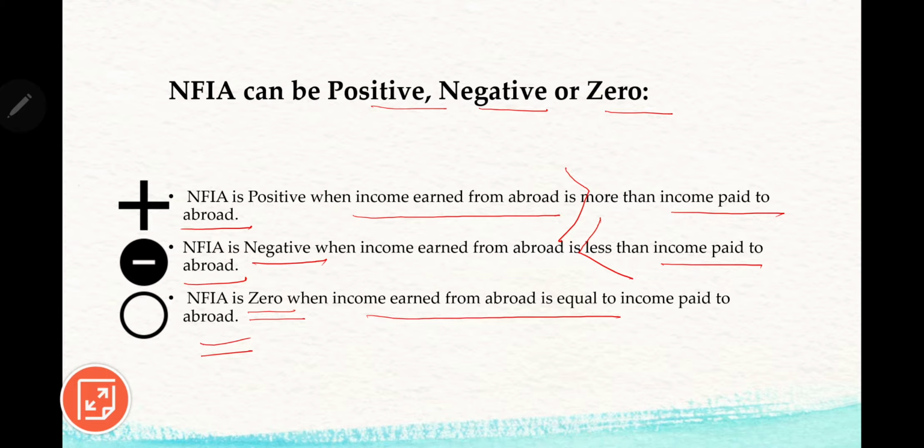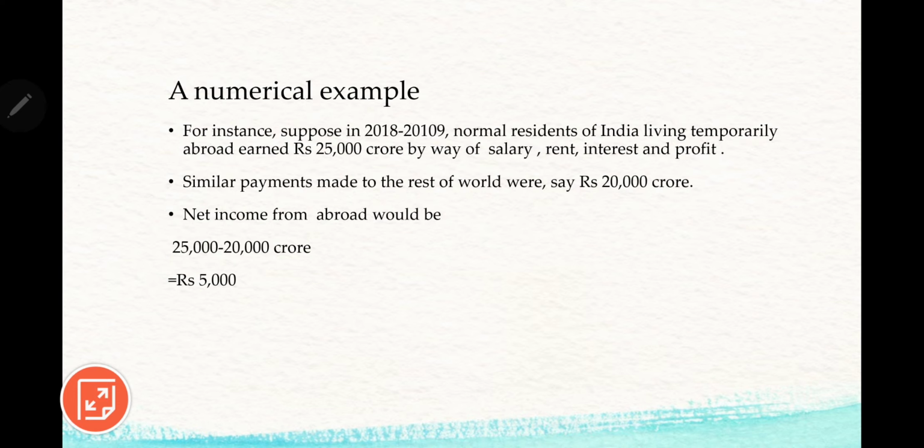I hope the concept is clear to you, and it is very vital to distinguish between domestic income and national income. A numerical example to clarify it further. For example, normal residents of India temporarily living abroad earn 25,000 crore in the form of salary, rent, interest or profit.